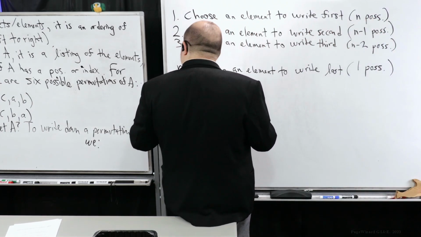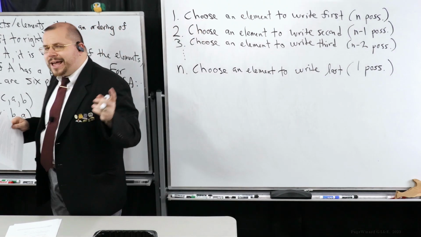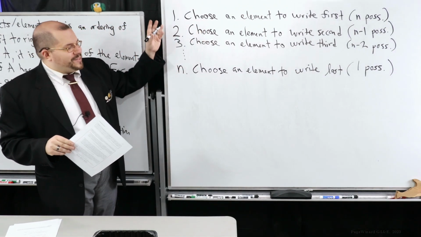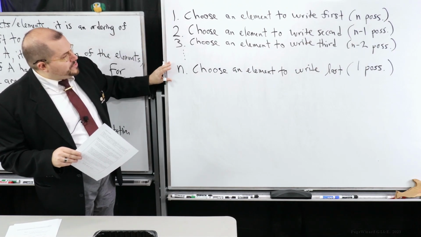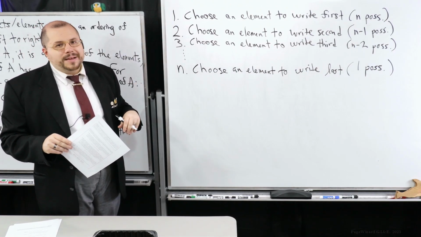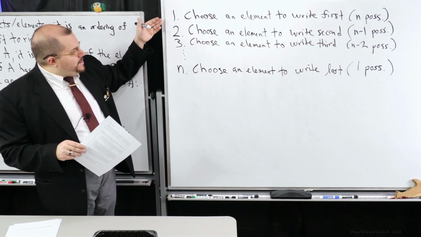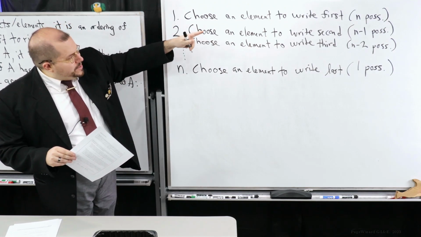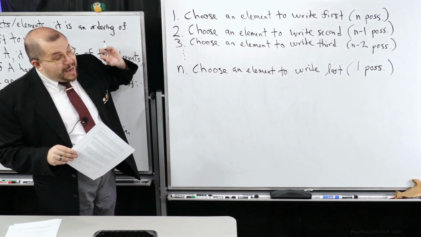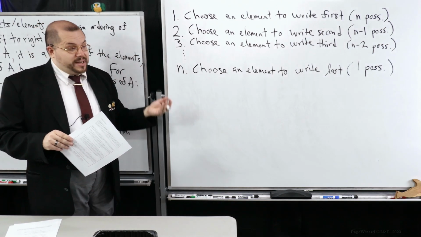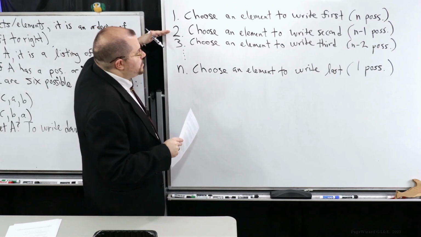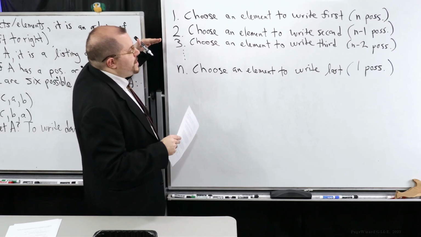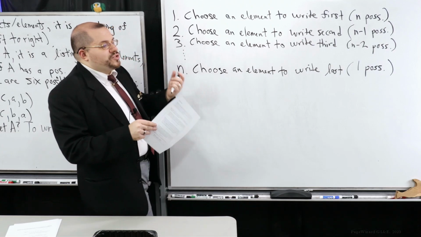So what does the multiplication principle tell us then? We have an n-step process. I do n steps. I commit to the first position, second, third, and so on. And it doesn't matter if I did this one first or that one. Notice that if I make the first choice, I lose an element, right? So when I make this commitment in step 2, every other commitment I make in the future doesn't alter in its quantity.